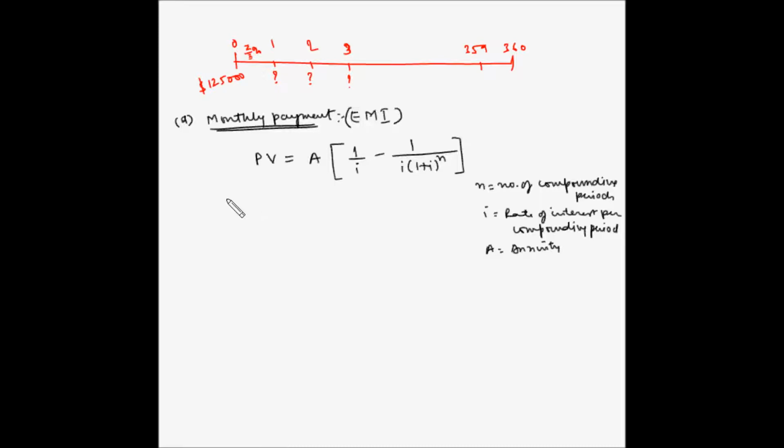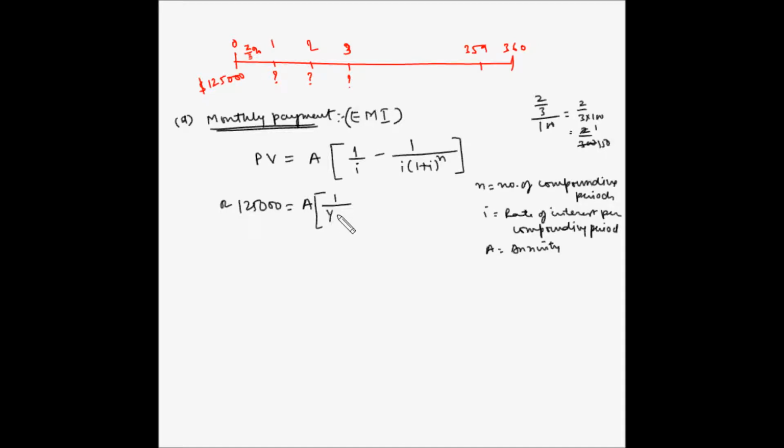So let us plug in the values. So 125,000 is equal to A into bracket 1 divided by I. So now I is nothing but the rate of interest divided by 100. So this becomes 2 by 3 into 100, which is 2 by 300 or 1 by 150.